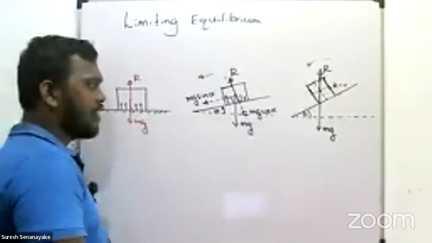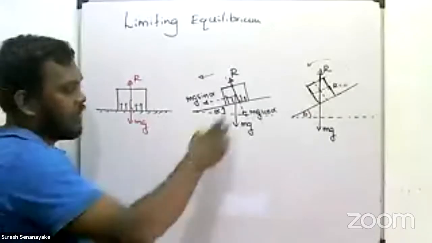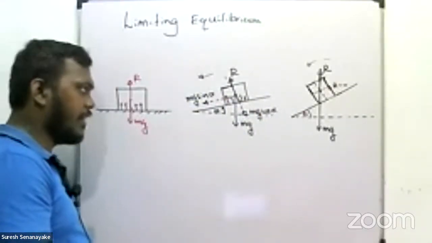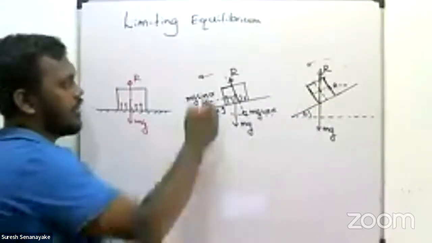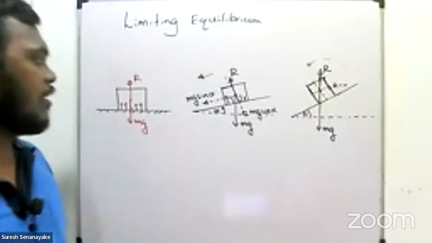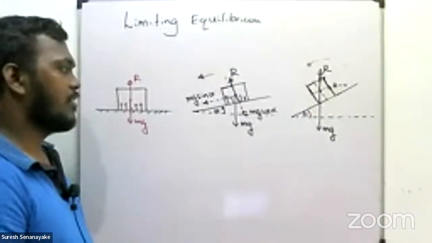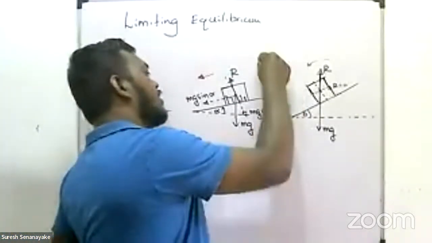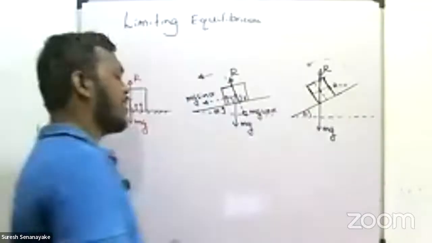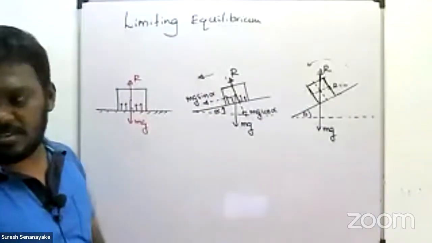If it is sliding, it overcomes the friction, so the frictional force and the component of the weight should be equal. To increase the inclination further without sliding, there should be enough roughness.